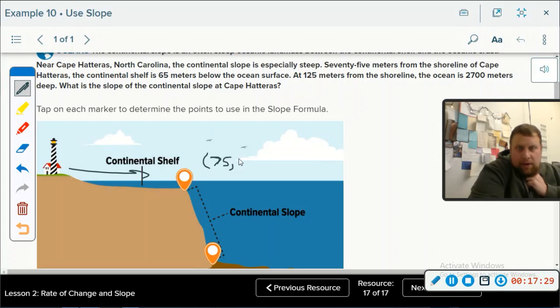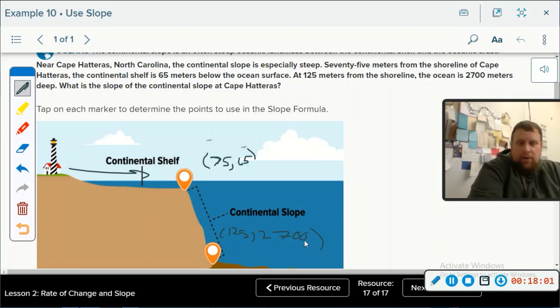We're at a depth of 65 meters. But it also tells us that at 125 meters from the shoreline, so this is 125 meters from the shoreline, we're at a depth of 2,700 meters. Boom. So what do we do?